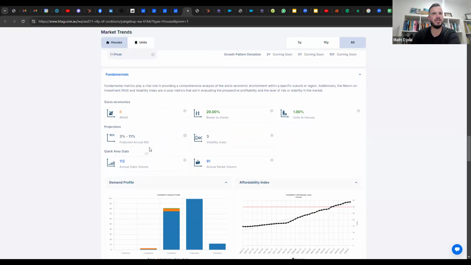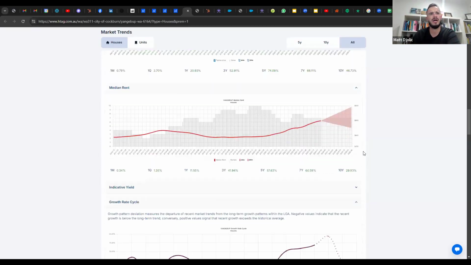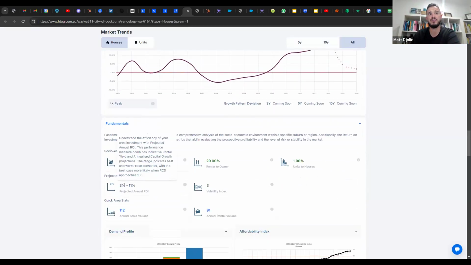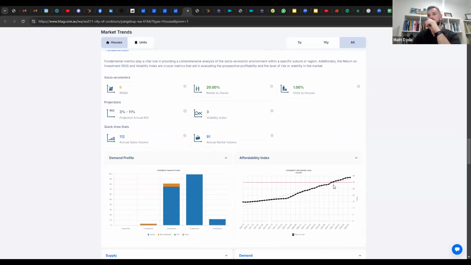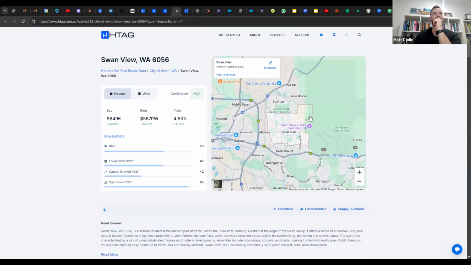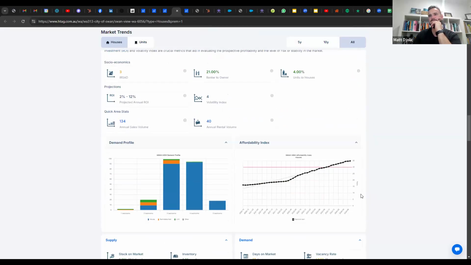We have a projection here, which I'm not going to talk about. That's essentially the cone. It's usually a band between -1 or 2 to 15. In this instance, it's +3 to +11. Look at this affordability index, for example. The previous area we looked at, a 649K typical price, was sitting at 35.